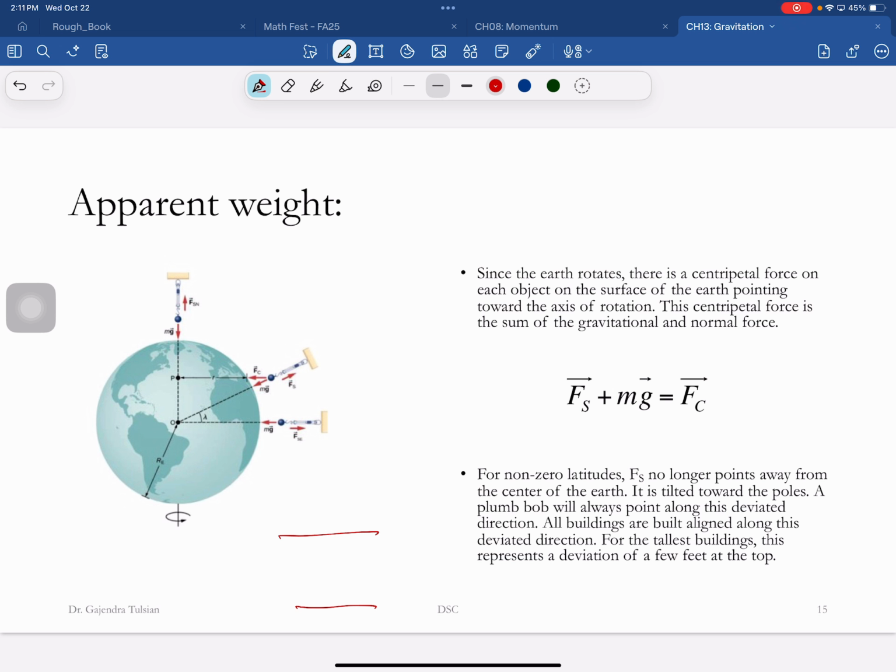Yes, you use a level. What you do is you suspend a heavy weight in a plumb bob. That's what it's called. The word was escaping me. And you build it parallel to the plumb bob.